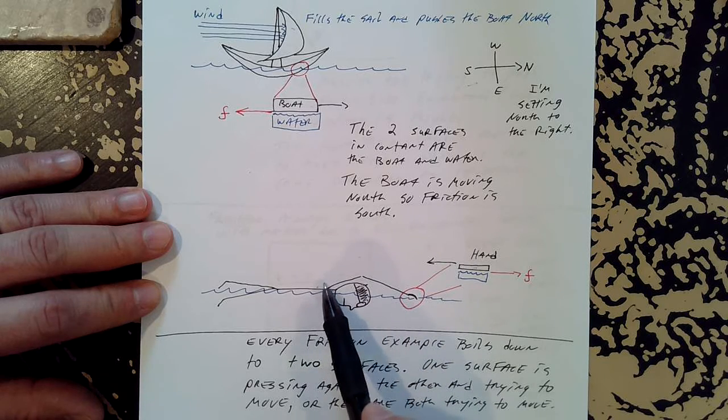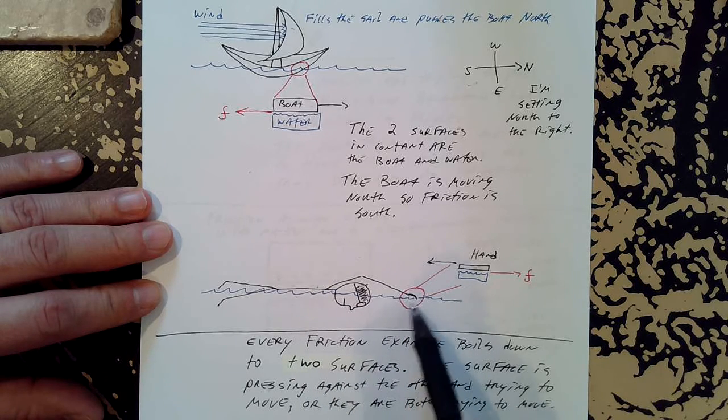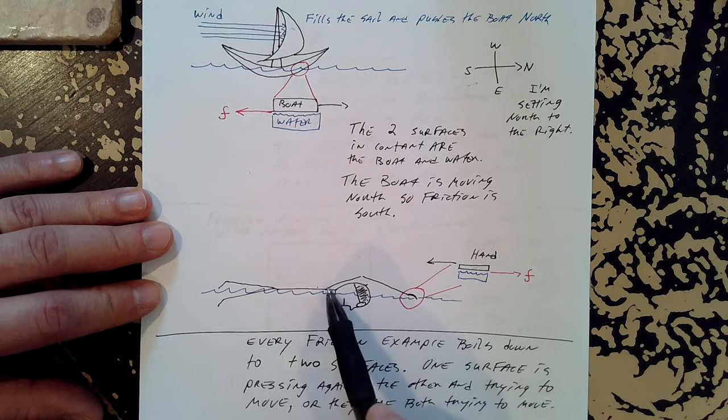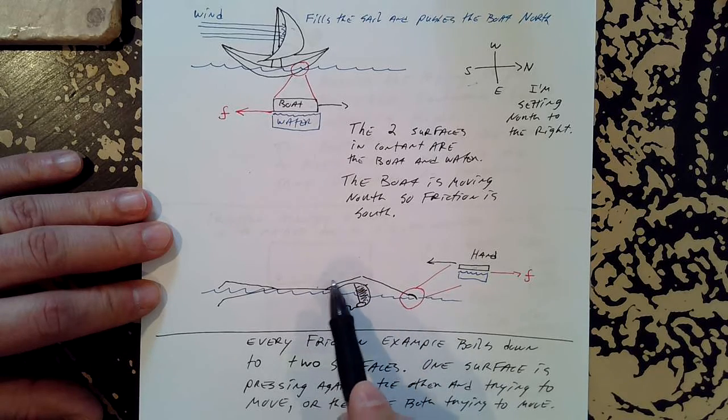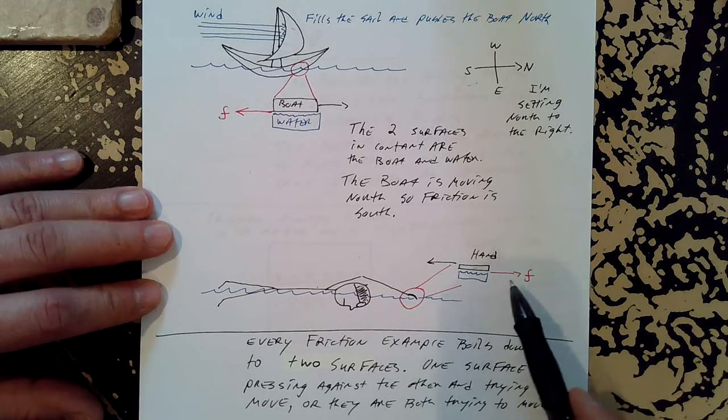The body is attached to the object that's in contact with the surface, but what's happening between those two things doesn't mean the same thing is happening with the body. In other words, the way the hand is trying to move doesn't mean that's the way the body is trying to move.